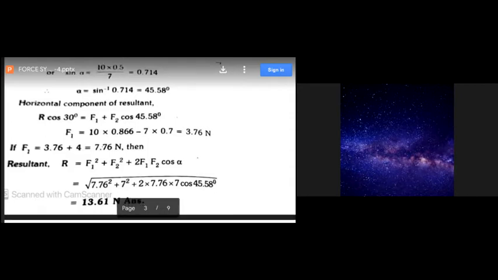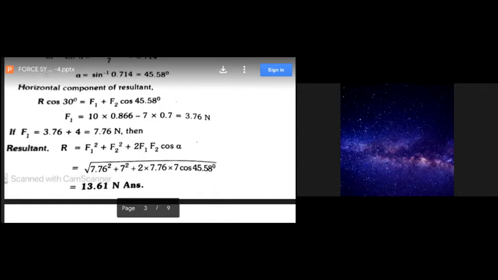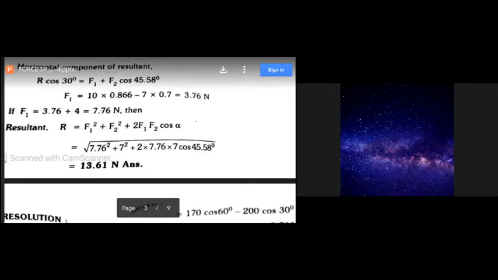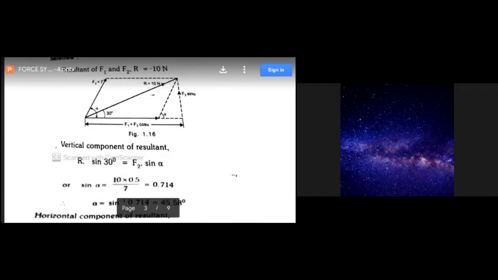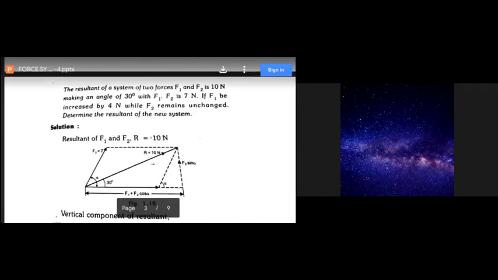Here F1 is the new force component of the new force system. That is 7.76 square plus 7 square plus 2 into 7.76 into 7 cos alpha, the same alpha value. Substitute and we will get R as 13.61. So like this you can find the resultant of the new system.